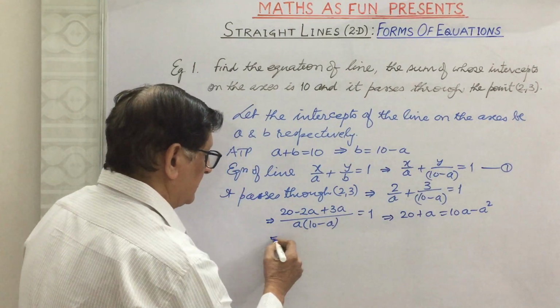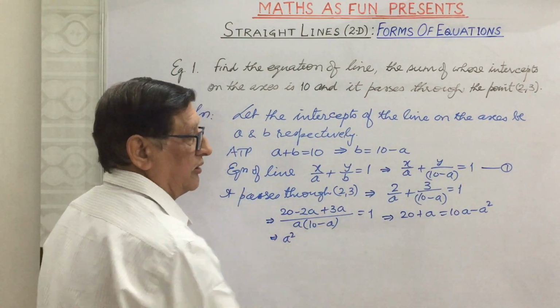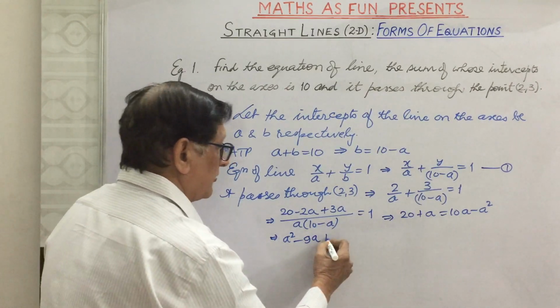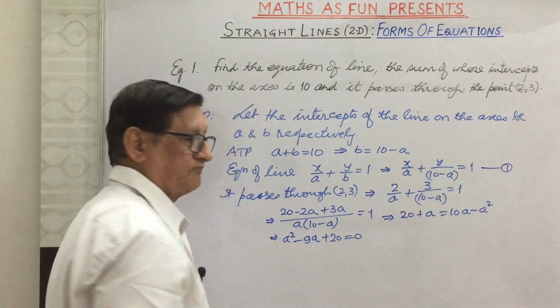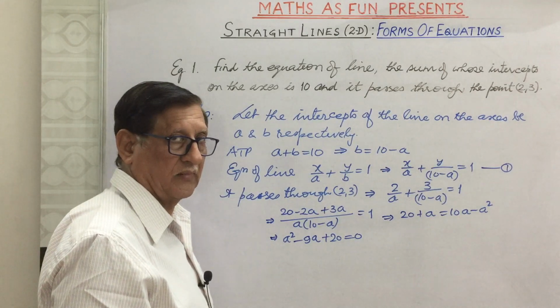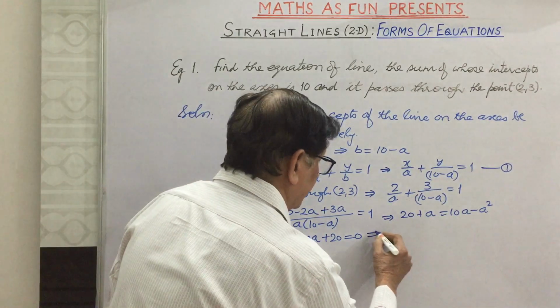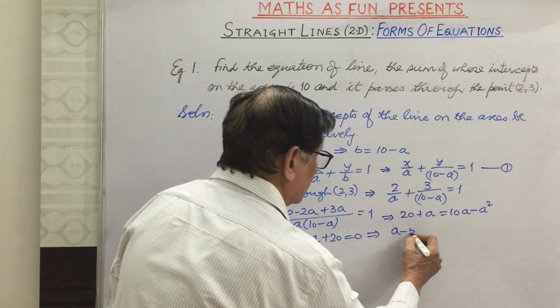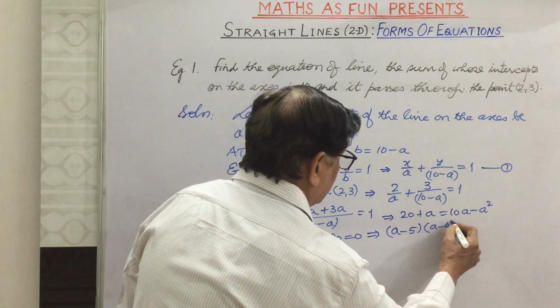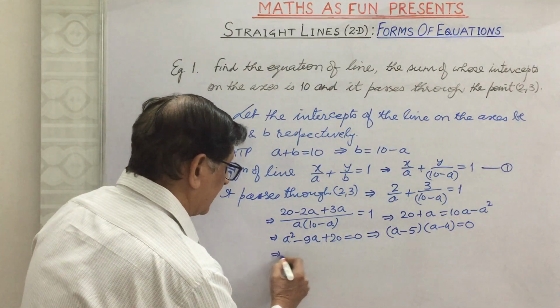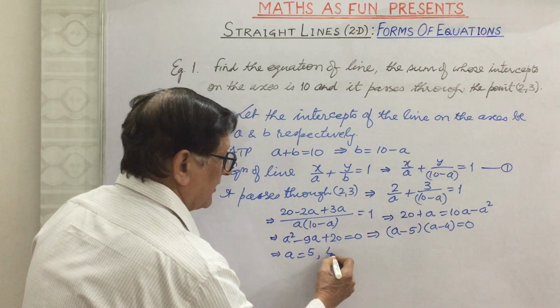Transposing, we get A square minus 9A plus 20 equal to 0. Now by using the split method, we can find the factors: (A minus 5)(A minus 4) equal to 0. It means we get the values of A as 5 and 4.